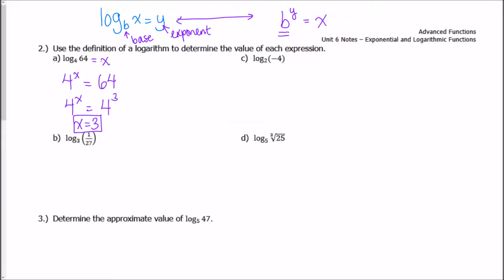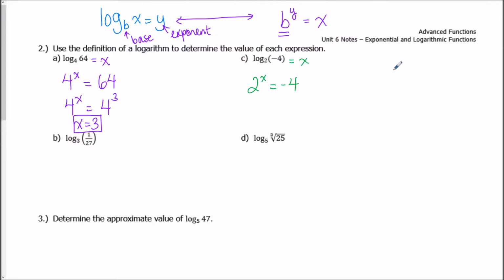Okay? For the next one right here, I'm going to set this equal to x, so I'm going to say 2 to the power of x is equal to negative 4. So I want to know what value of x for my exponent can I raise 2 to a power of and get a negative answer.